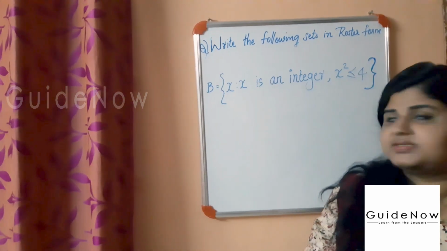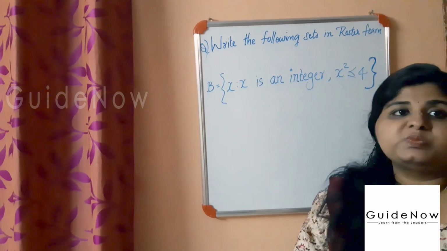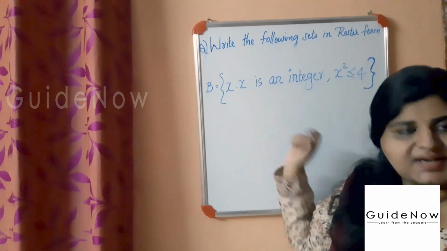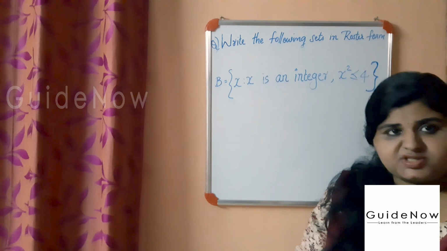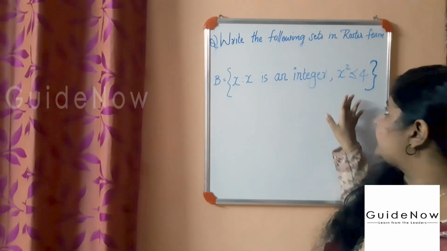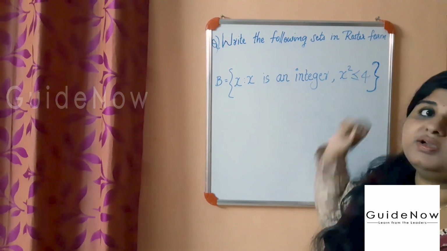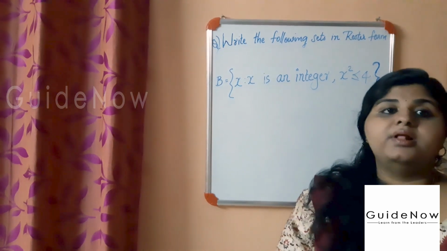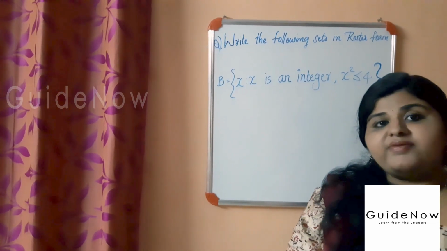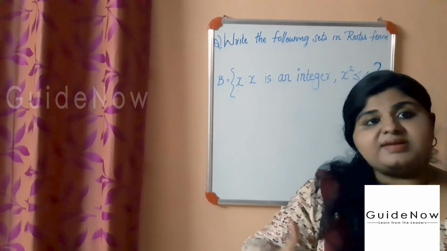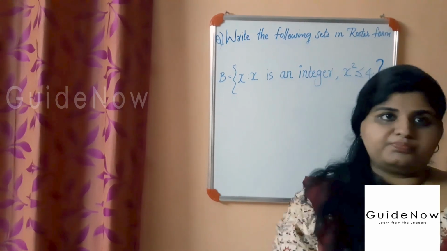The next question is set B equal to {x such that x is an integer}, where the condition is x square less than or equal to 4. Here x is an integer. What are integers? We know that integers include positive integers, negative integers, and 0.